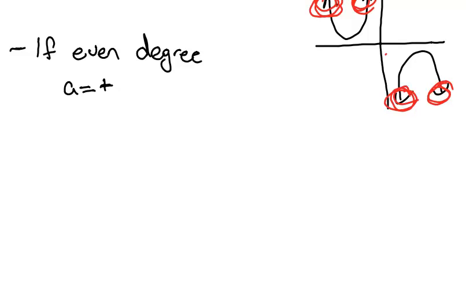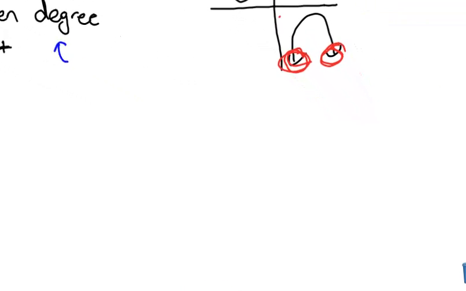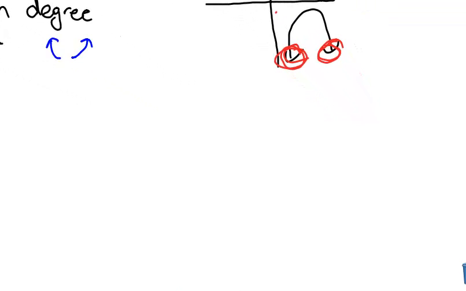Okay? Think about what happened with the parabola if a was positive. Which way did it open? It opened up. So our end behavior, if a degree is even and a is positive, is it's going to be going up on both sides. We don't know what's happening here in this middle. We're going to get to that, but we know that it's going to go up and up on both sides.